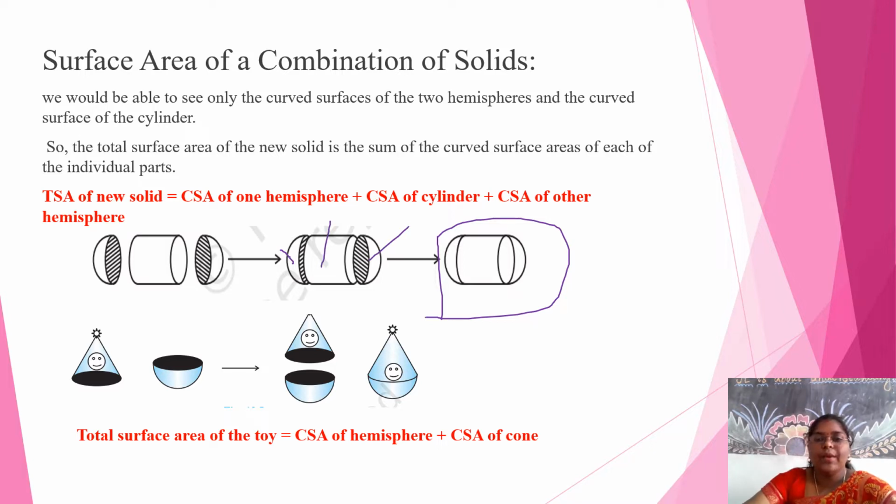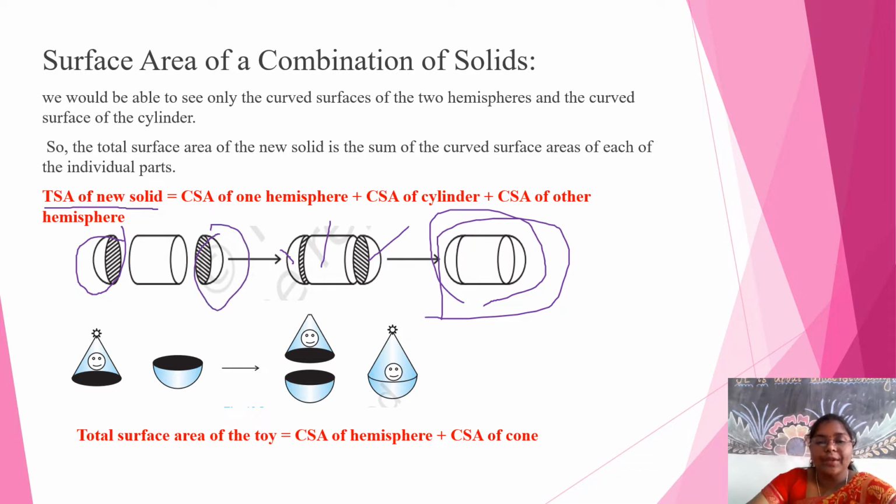So how are we going to calculate the surface area of this figure? The total surface area of a new solid, meaning the whole figure, is the curved surface area of one hemisphere, see, this is one hemisphere and this is another hemisphere, right?